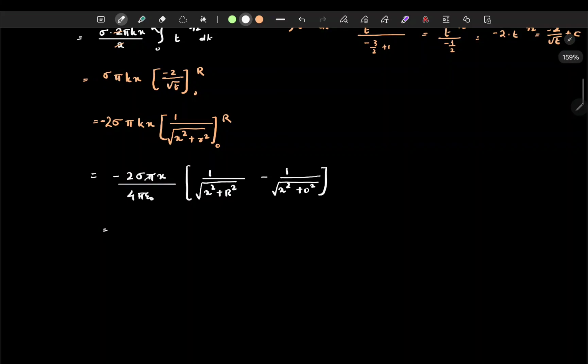Then pi cancels out, so the final thing is minus sigma x divided by 2 epsilon naught, times 1 by root over x square plus capital R square minus 1 by root over x square, which is x.